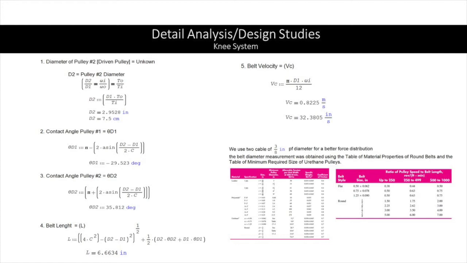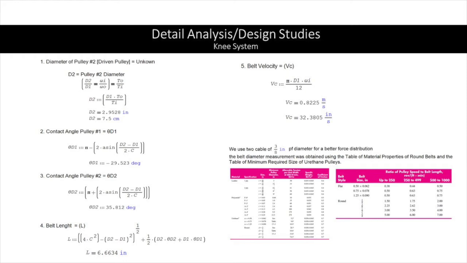If we solve our equation for diameter of pulley 2, or D2, we obtain a diameter of 2.9528 inches or 7.5 centimeters.